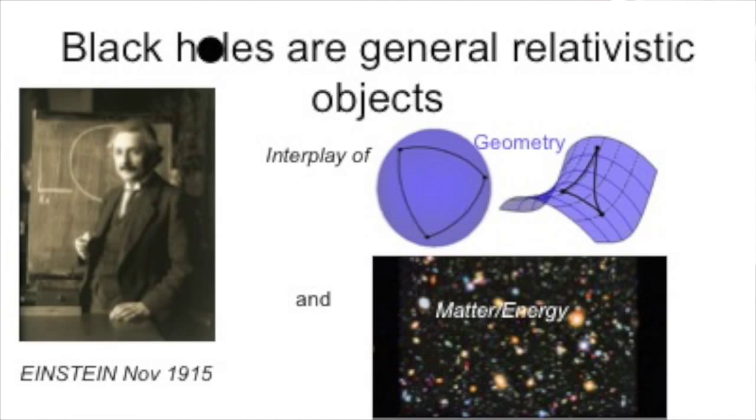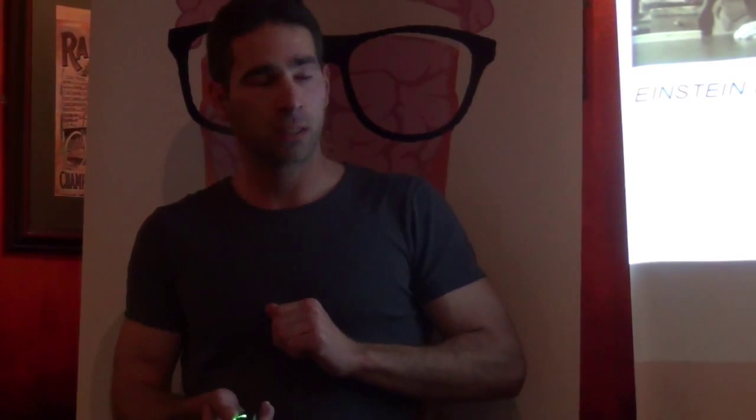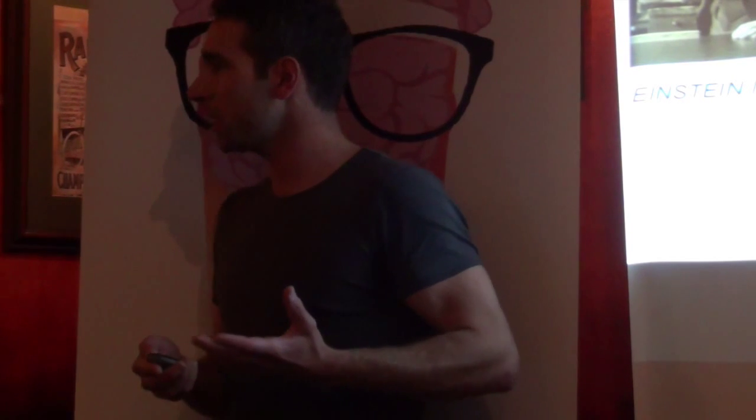And Einstein came up with a beautiful, elegant formula to describe all of this interaction that we call the Einstein equation. On the left-hand side, you have what you can think of as the geometry term, and on the right-hand side, you have what we call the matter-energy distribution term. And this is really all you need to understand the geometry of a given space-time.